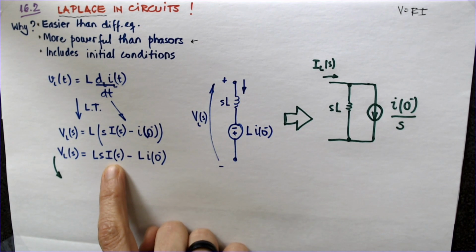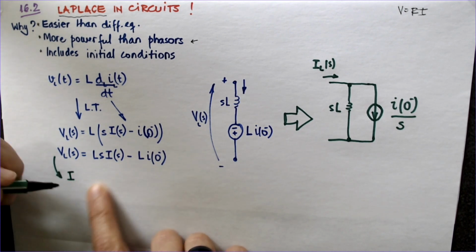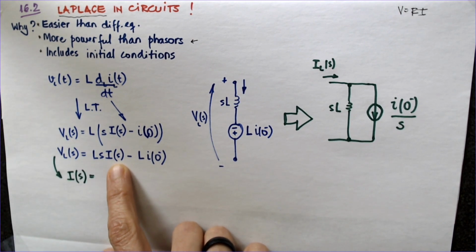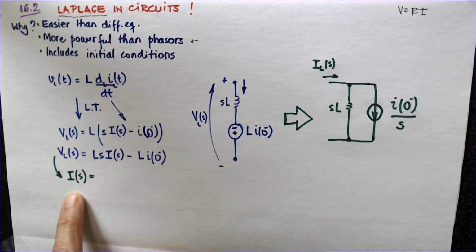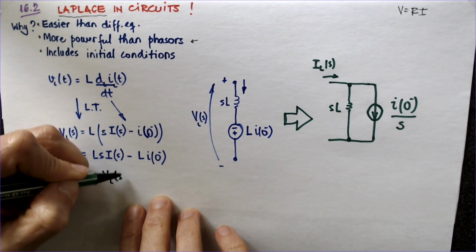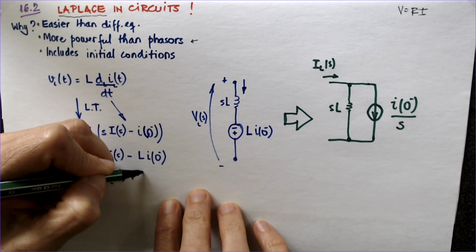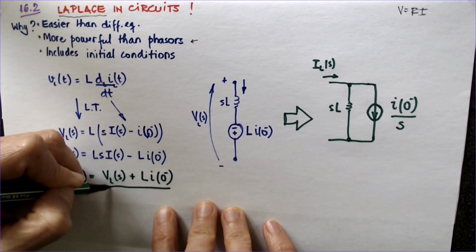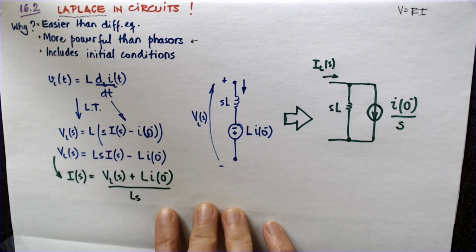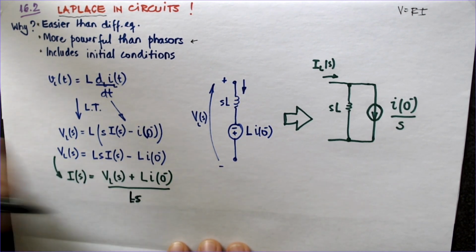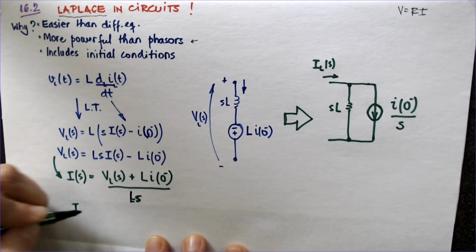Alternatively, I can also do this by manipulating this equation here. And instead of writing VL of S, I'm going to put out the I of S. So I want to write I of S, yes, it's the current. And I'm going to put VL on the other side and LS as a denominator. VL plus L of I of 0. And then the denominator is going to be LS. And then I'm going to simplify this.